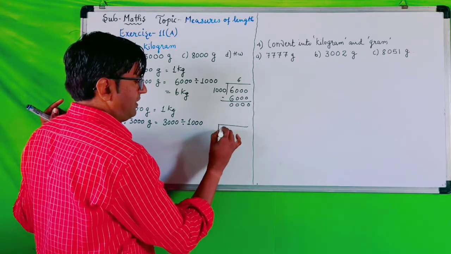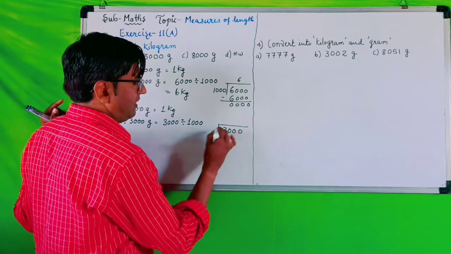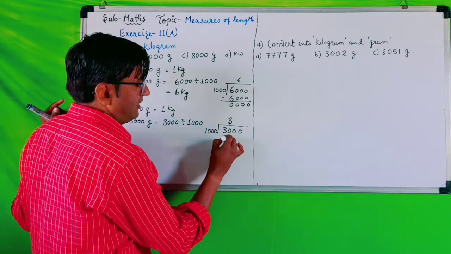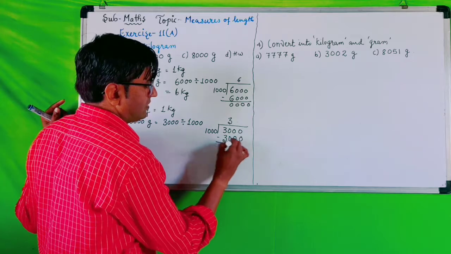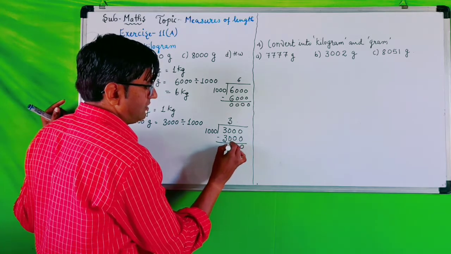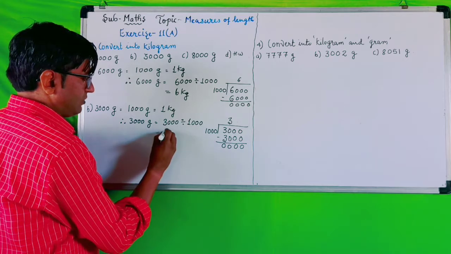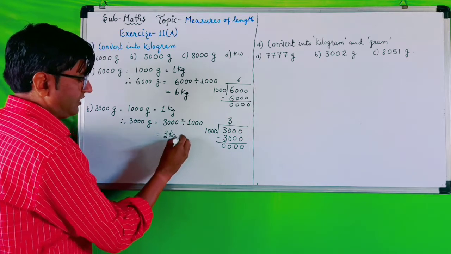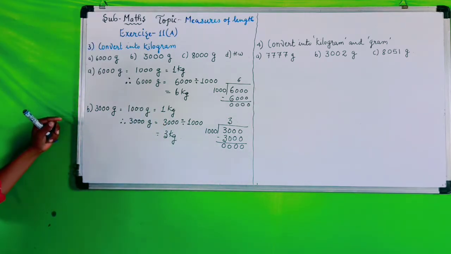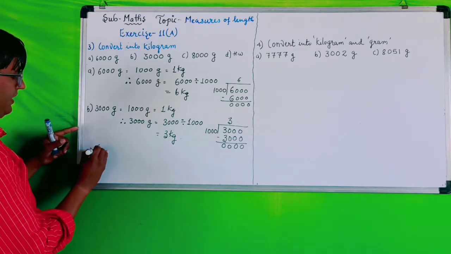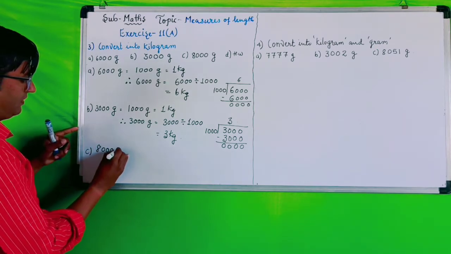Okay. Now I will divide here 3000 divided by 1000. 1000 3 are 3000. Okay, so this is 3 only. So here I will write 3 kg. Understood, children?